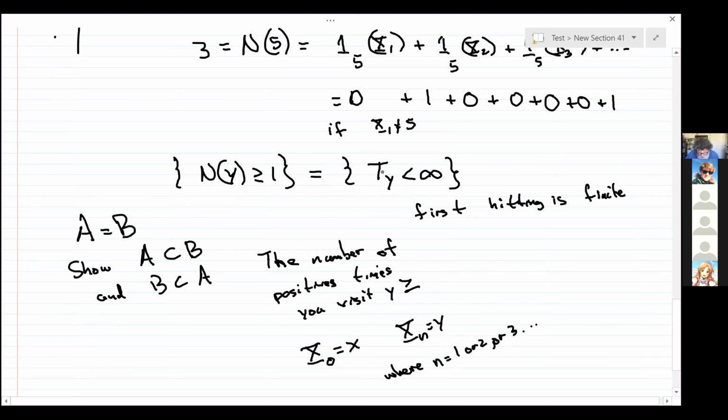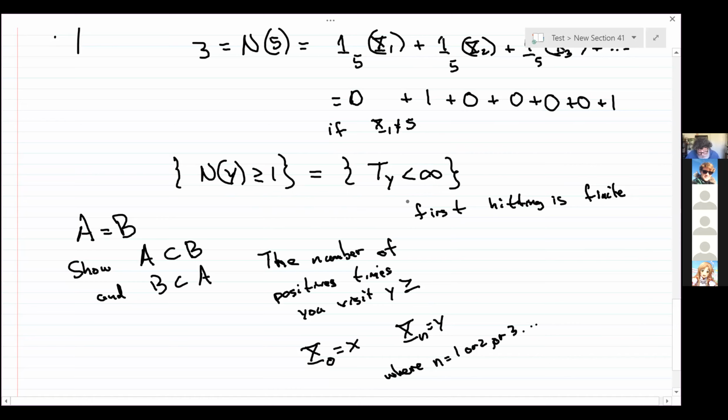The time that I first hit Y will be some finite number, whatever number it was down here. So there's some n that makes this true. If you pick the first n that makes that true, then the time that you first hit Y in n steps will be less than infinity. So that means if this happens, then this happens.